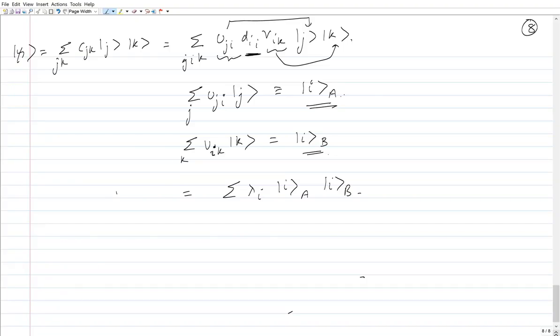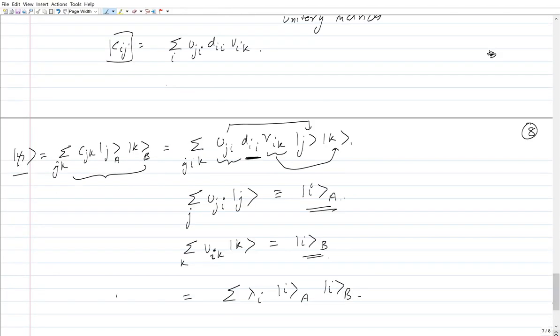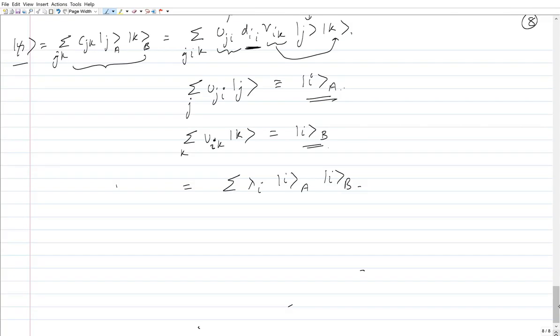So I started with a state psi. I was able to express this state as the most general description of a state I can write in terms of two indices j and k over two subsystems and a linear combination over them. Then using my singular value decomposition, I was able to write it as UDV.